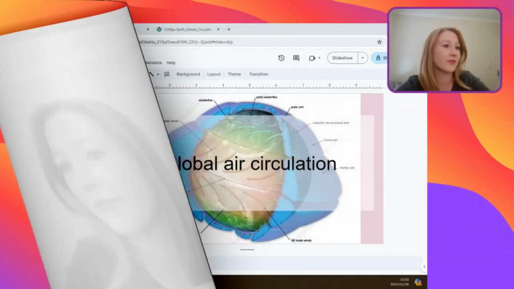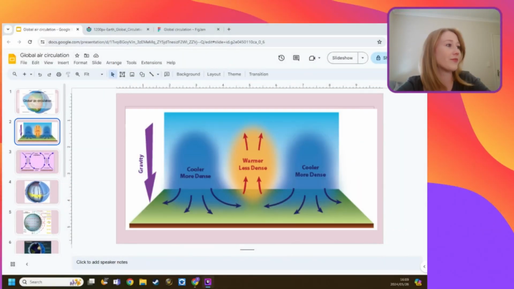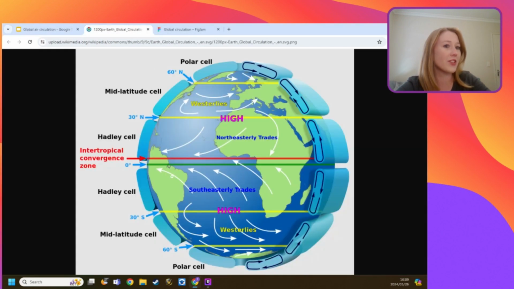So let me get my screen up. Okay, so I wanted to start by showing you this diagram. This diagram is basically a summary of everything that I want to go through today. So this is an overview of how atmospheric circulation looks.